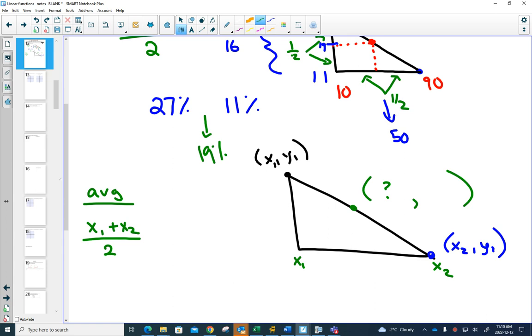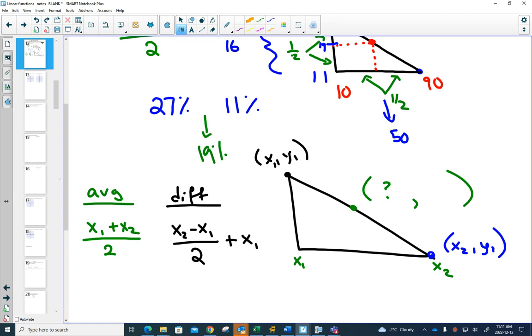The difference was 80 before, cut that in half, and added it to 10 or subtracted it from 90. I'll call that method the difference method. We would have to do x2 minus x1 to find the difference. We took that difference and divided it by 2, and then we added that to x1. Those are both correct formulas.